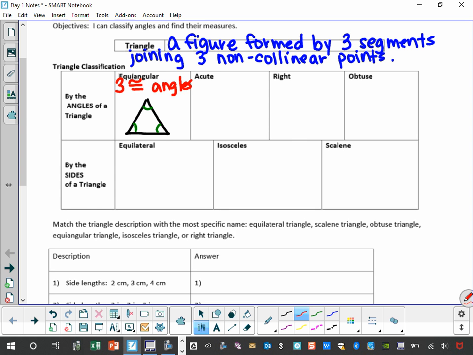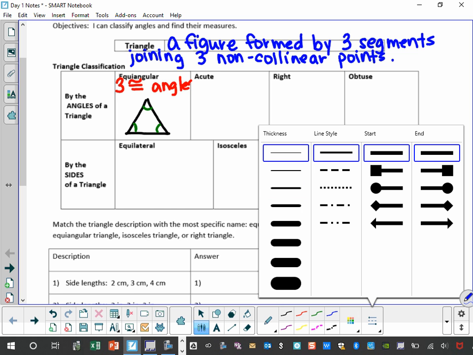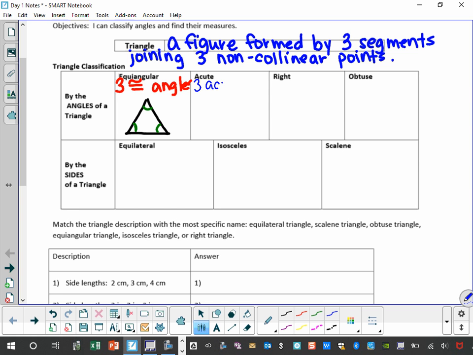Alright, then we have an acute triangle. We have 3 acute angles. Remember, we like to use our abbreviations. So if we have a triangle, let's just draw one.